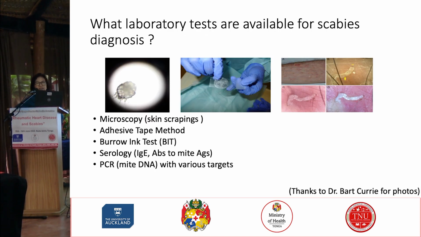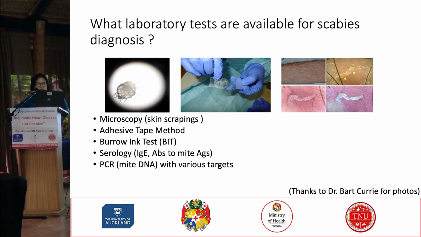So what are the tests that we can do in the lab? We always go for skin scrapes. We use our scalpels, scrape off the suspected lesion, and we use the microscope. We look for this elusive mite, or you can use Scotch tape, dab it on the lesion, and then just put it on a slide and have a look. Those are quick and easy and very sensitive because you have to sight the mite.